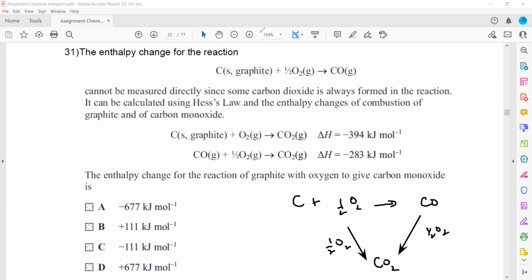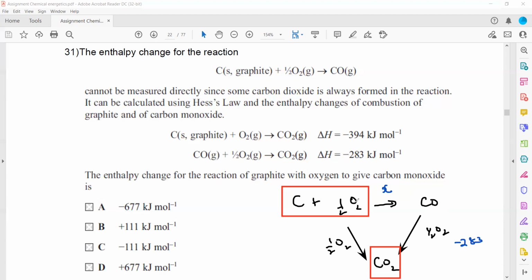Using Hess's law, where the two arrows are pointing out, that always refers to the start of the cycle, and where the two arrows are pointing in, that is the end of the cycle. According to Hess's law, the overall energy change is independent of the route or path we follow. So if carbon reacts with half oxygen to give carbon monoxide, that is unknown, X. When carbon monoxide is burned to give carbon dioxide, the enthalpy change is minus 283.